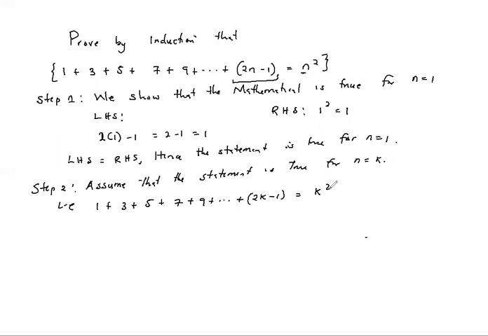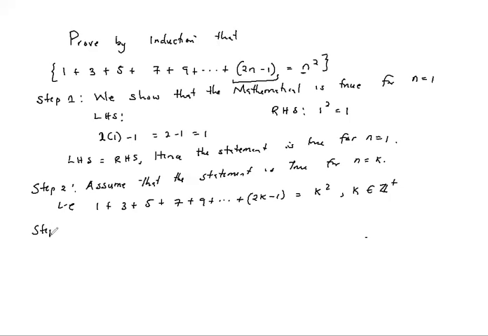So k falls in the same set where n was falling. So which set is that? Was there any restriction? No. Okay, it must have been there on top. Okay, so n was an integer, so k is equal to an integer, positive integer. So we've just said n is equal to k.